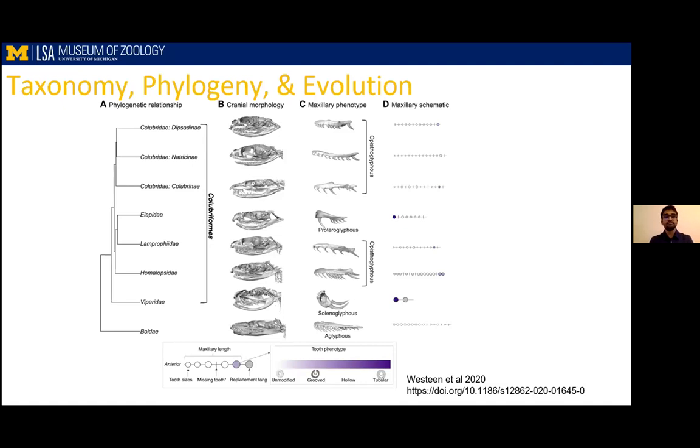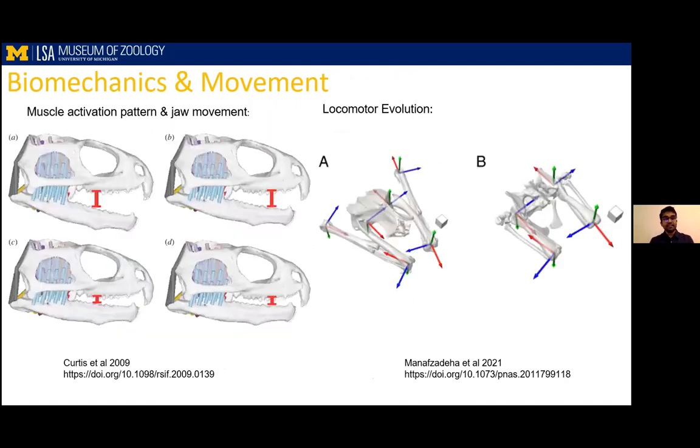But beyond evolution and beyond just shape, we can also study biomechanics and movement using CT data. In the past, researchers have taken the 3D models from a CT scan and used engineering software to understand muscle activation patterns. This can be used to look at feeding mechanics, in this case, in a species of tuatara, the tuatara from New Zealand.